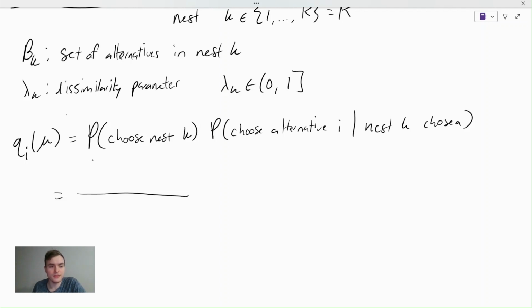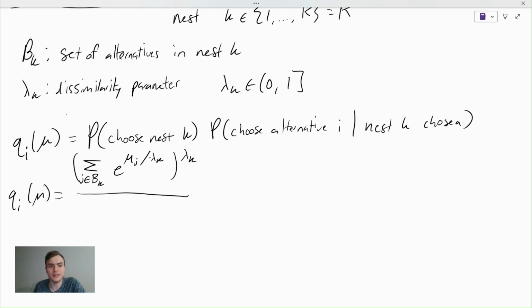So up in the numerator, we have a sum over the alternatives J that are within BK. So BK is the set of alternatives in nest K, which is where I belongs, right? So we do e to the mu J, now divided by lambda K, which is our dissimilarity parameter for that nest. And then we take this whole thing and raise it to the power of lambda K at the end.